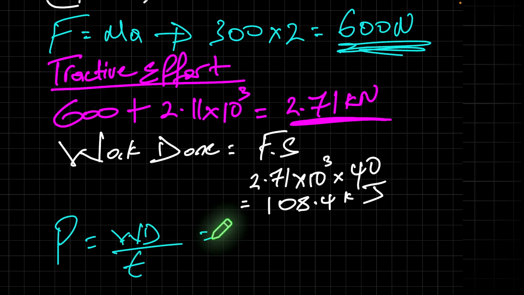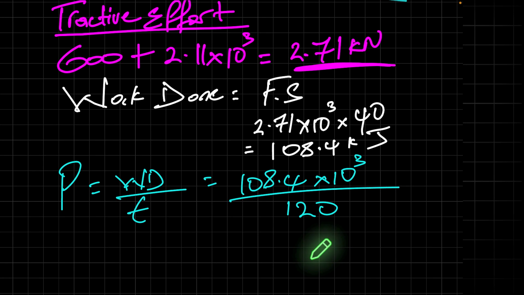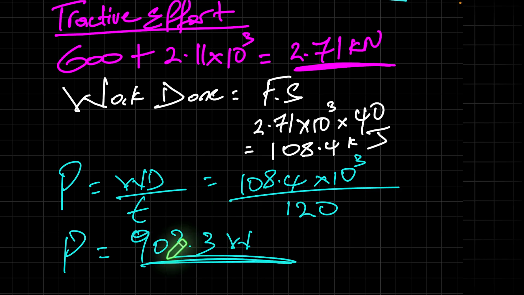So the work done was 108.4 kilojoules, so times 10 to the power of 3, and the amount of time taken in seconds was 120, or 2 minutes. So final answer then for the power required here is going to be 903.3 watts. So that's the amount of power required.